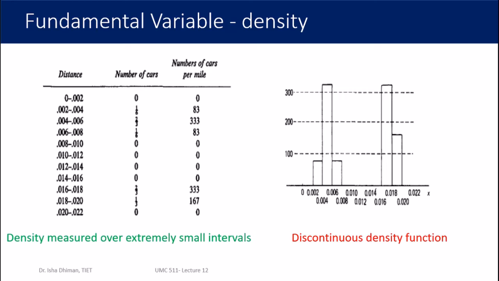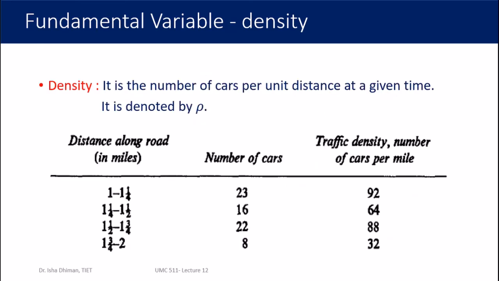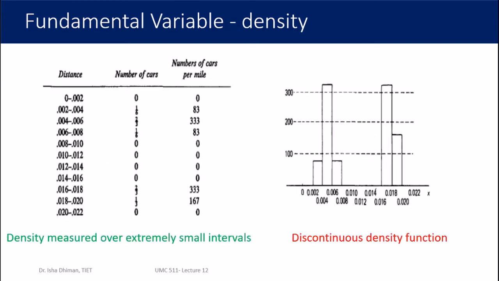But in the previous example the observation was taken over every quarter of a mile, whereas here the observation intervals are 0 to 0.002, 0.002 to 0.004. So you can see the interval in which they are counting the vehicles is very small. Earlier it was 0, 0.25, 0.5, 0.75 and then 1. But here it's like 0.002. So the measuring interval is very small.